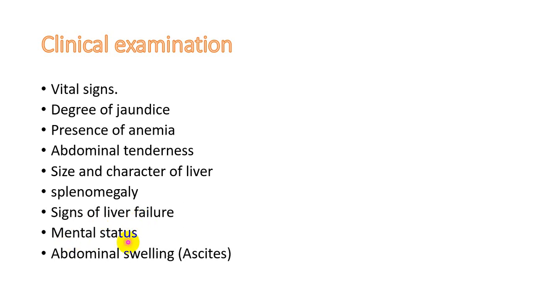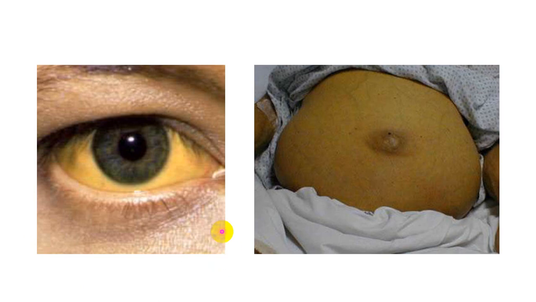If there is mental status change, that could indicate hepatic encephalopathy. Abdominal swelling with ascites also indicates portal hypertension, as we discussed previously in patients with ascites. As an example, this patient has yellowish discoloration of the sclera, so he has jaundice. This patient has chronic liver disease and has several abdominal signs.